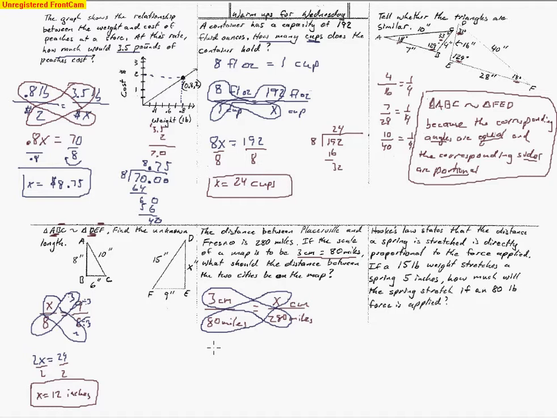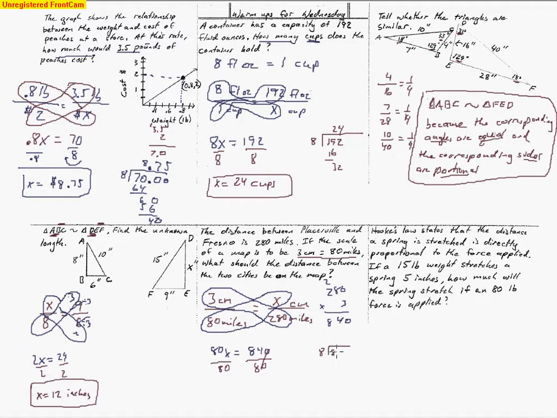And so I've got 80x equals, and then I have to do 280 times 3. And so that makes 24. Carry a 2, that makes 8, so 840. And so now we're ready to do some division. So I'll divide by 80 on both sides, and whenever you've got 0 at the end, that's like dividing by 10. So really I just need to do 8 into 84.